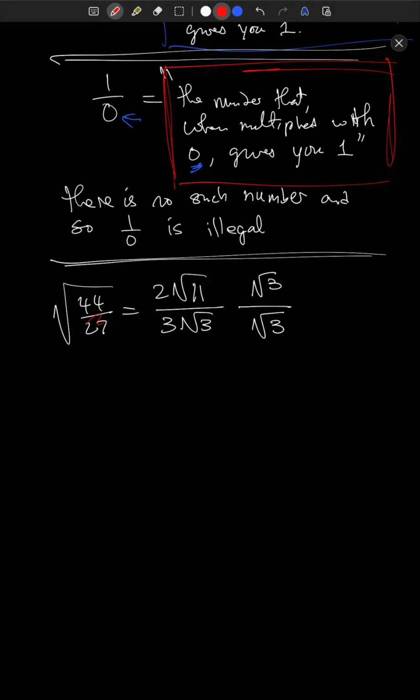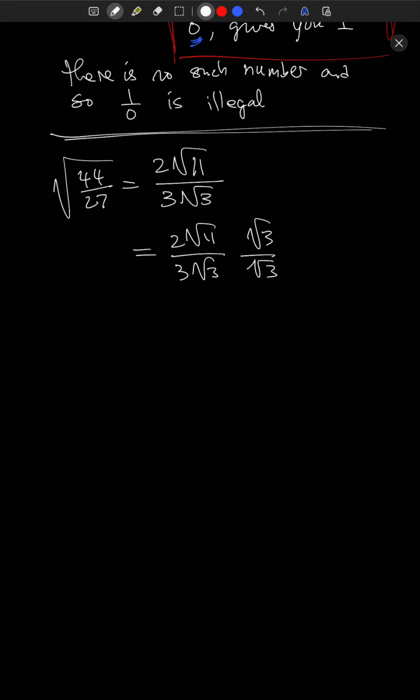And so this guy, square root 44 over 27, let me put this in the second line, is equal to 2 root 11 over 3 root 3, and that is equal to 2 root 11 over 3 root 3 times root 3 over root 3. The reason for this root 3 is, in the denominator, root 3 times root 3 is just going to be 3, right? So this is just going to be 3 times 3.